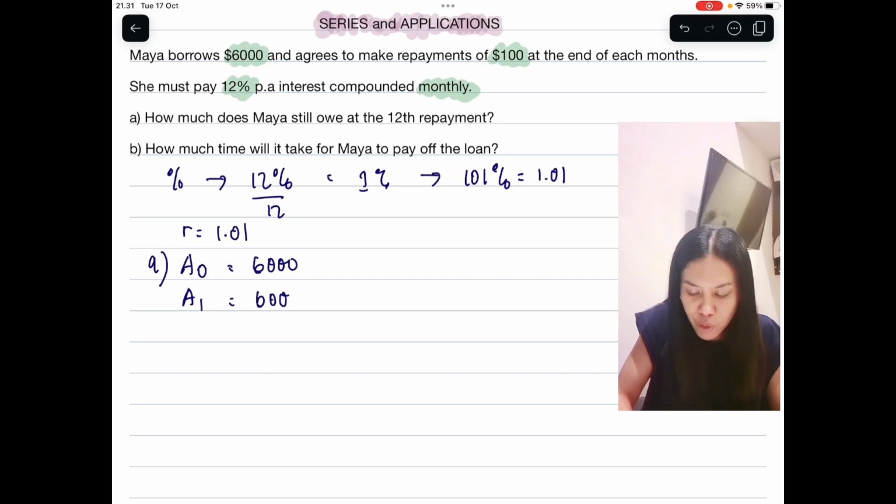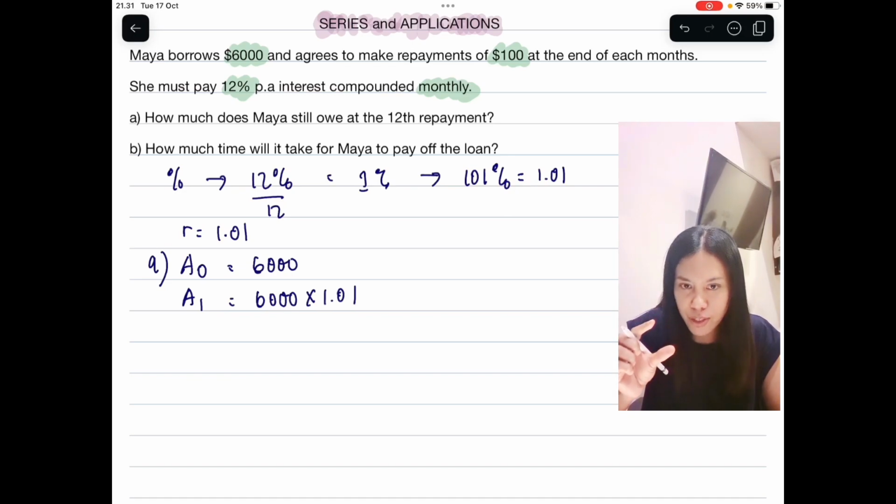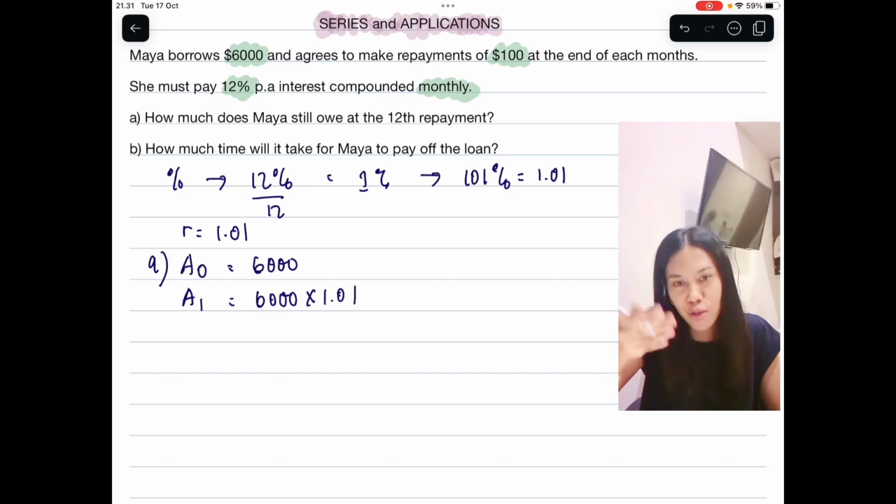is $6,000 times 1.01. Why is it multiplied by 1.01? Because that was the interest, yeah? So you have to times the 6,000 by 1.01 because that's the interest that the bank is giving her. So actually the interest is the 1%, but then she's owing 100 plus 1%, so 1.01.